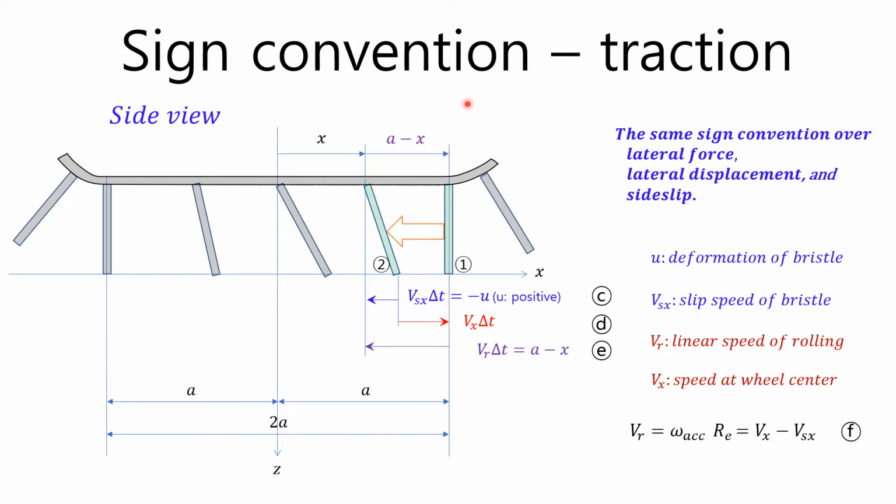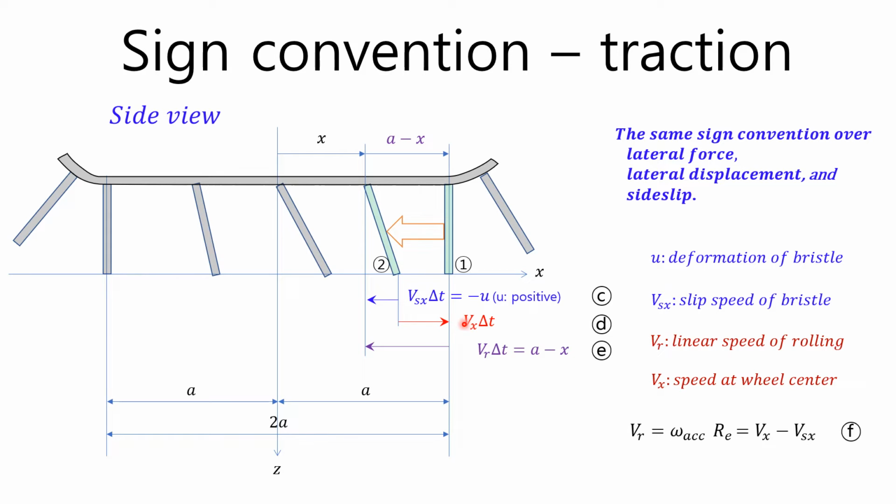Now let's look at the sign convention in traction. Since the displacement u is deformed in the positive x direction, the displacement u must be positive. The velocity of the bristle base is Vr in the negative x direction, and the absolute value of the bristle tip speed is equal to the velocity of wheel center Vx, and that Vx has its direction in the positive x-axis.